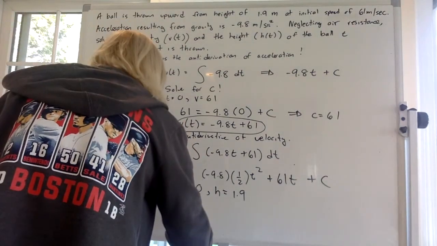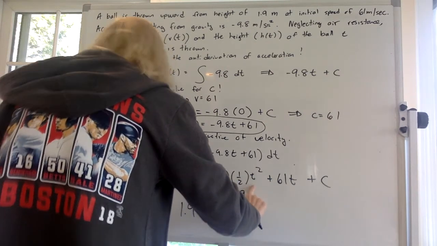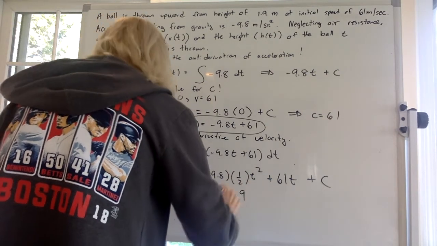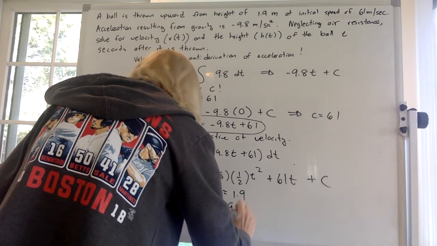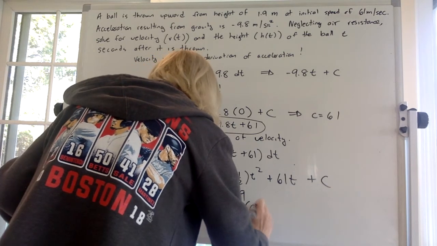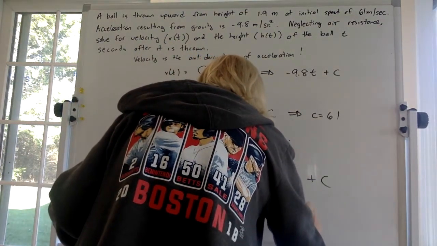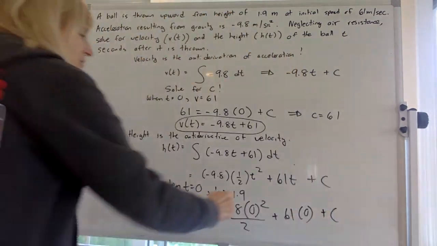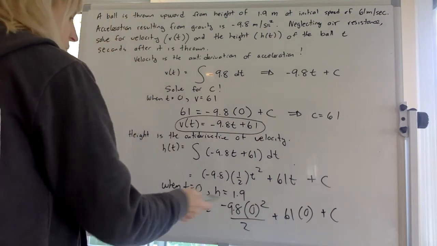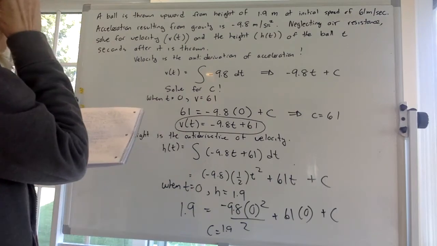So plug in 1.9 for the height and set it equal to our function, which was negative 9.8 times 0 squared, still had that 2 on the bottom, plus 61 times 0, plus c. So these both go to zeros. So what does c equal? c equals 1.9.